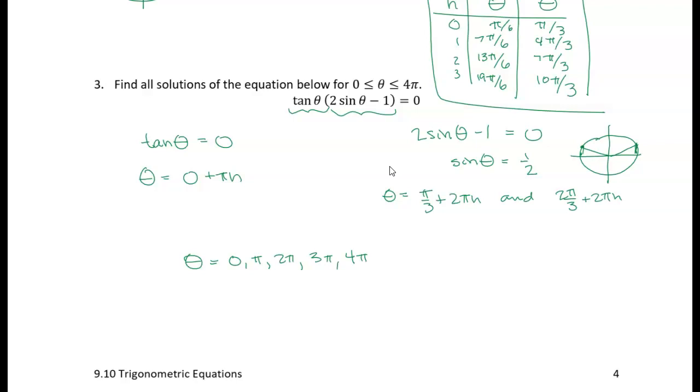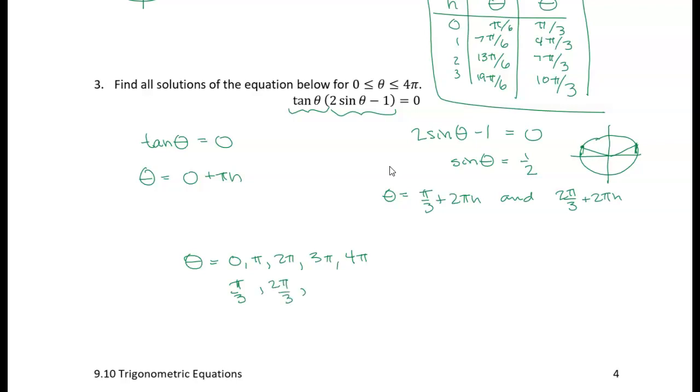Those are all of the angles between 0 and 4 pi that satisfy tangent theta equals 0. And then I'll do the same thing for the next equation. So n equals 0, I get pi over 3 when I substitute 0 here. If I substitute 0 over here, I get 2 pi over 3.